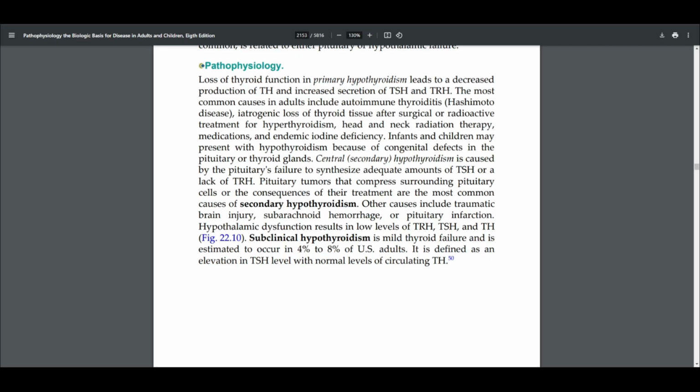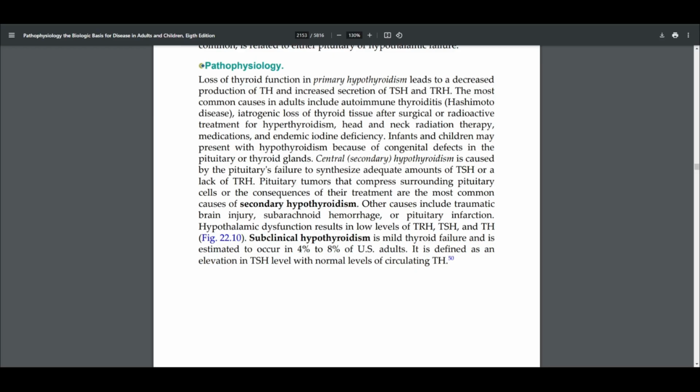Central hypothyroidism is caused by the pituitary's failure to synthesize adequate amounts of TSH or a lack of TRH. Pituitary tumors that compress surrounding pituitary cells, or the consequences of their treatment, are the most common causes of secondary hypothyroidism.